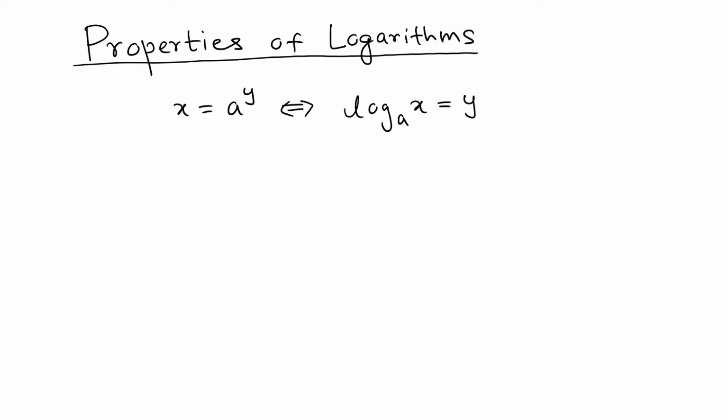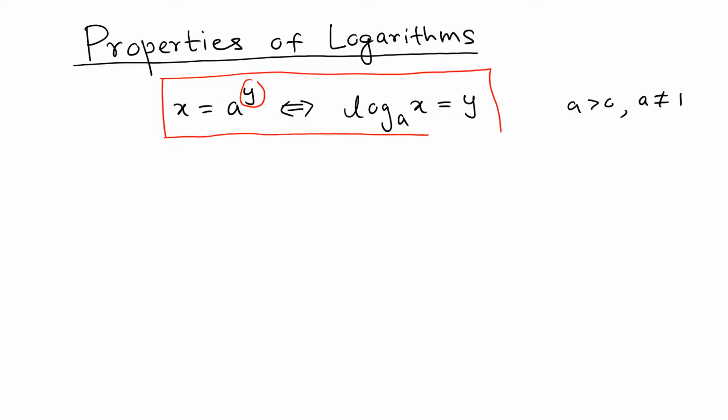So we remember that y is the exponent, so the log is the exponent in this case, and the assumption is we assume that a is positive and also a not equal to 1. So that is the major relation between the exponential function and the logarithmic functions, and using this we can have several interesting properties. So let's start with property number 1.